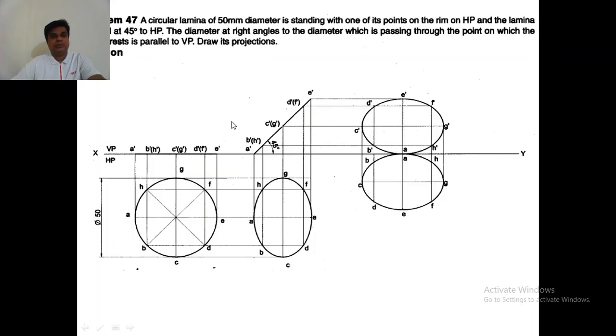Now we'll see what we can do with the circular plane. You know that a circle doesn't have any corners or edges because it is a curve. So in the case of a circular lamina, we will try to solve one problem on how to draw the circle and its front and top views.